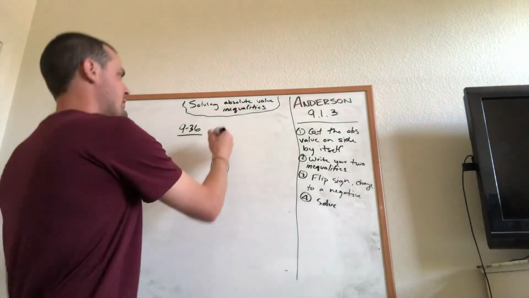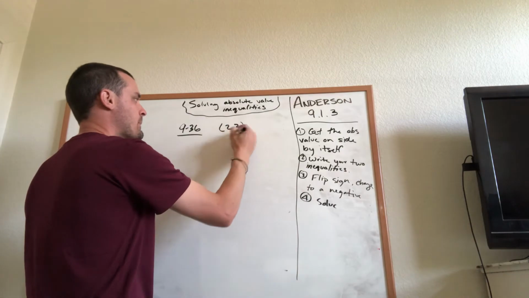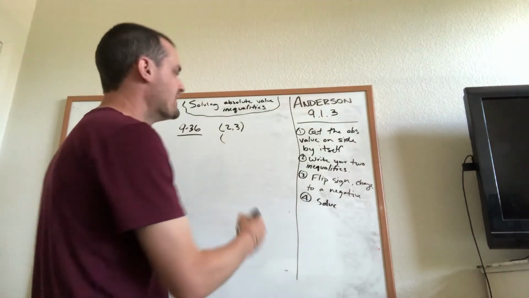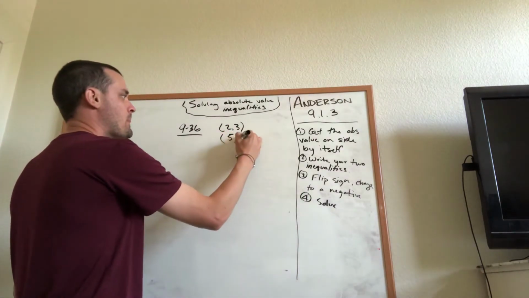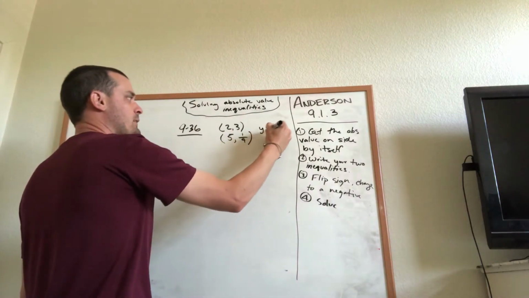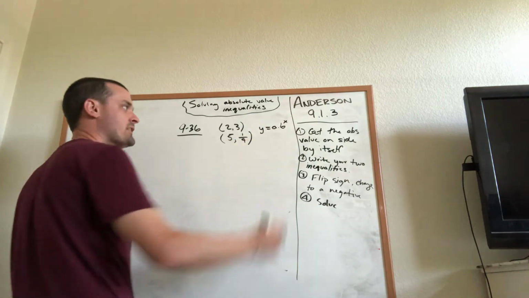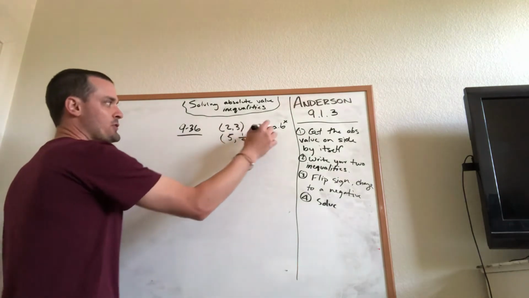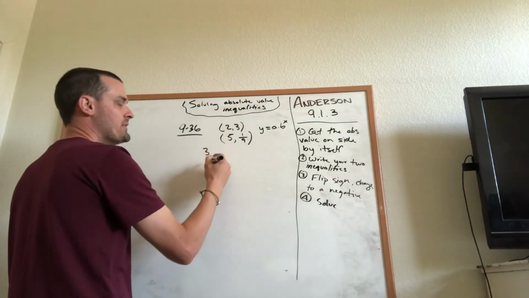Goes to the points (2, 3) and (5, 1/9). Okay, so we have our y equals a times b to the x for exponential functions. Write our two equations, plug in 2 and 3 for x and y.